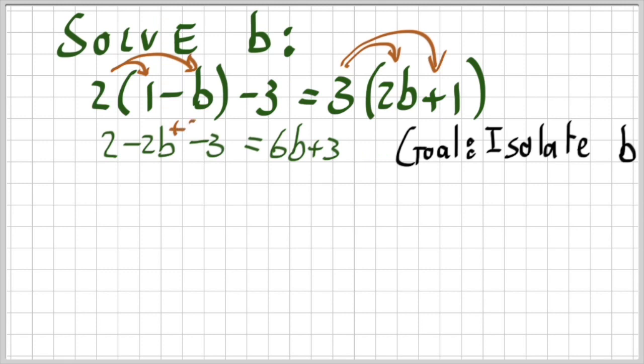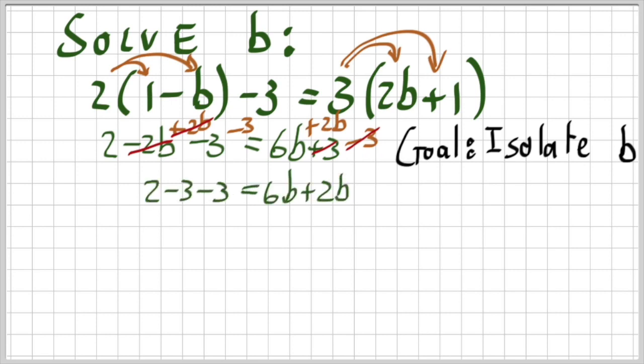So I'm going to add 2b on both sides, and then I'm going to subtract 3 on both sides, and this leaves me with the following sum.